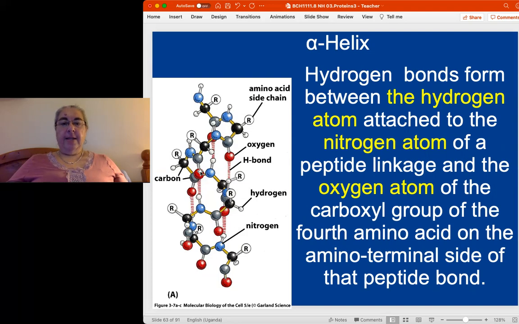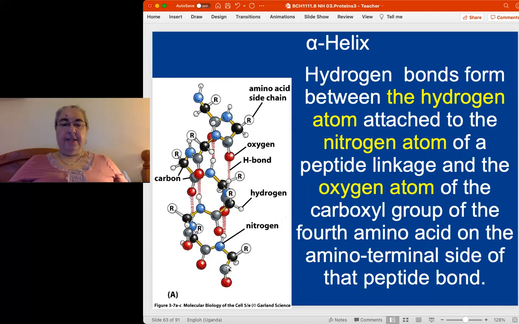So here's one hydrogen bond between this hydrogen attached to the nitrogen and this oxygen attached to the carboxyl group. And another one here and another one here.